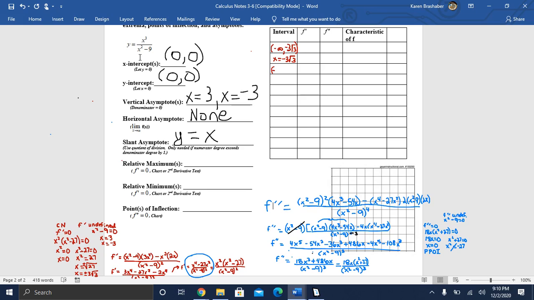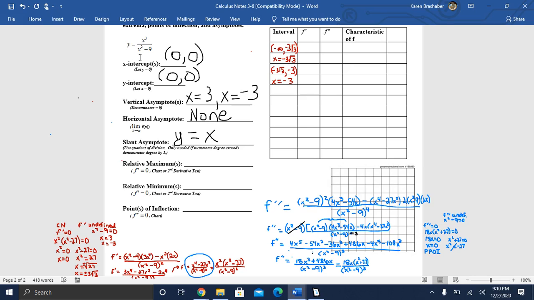Then our next interval will go from -3 square root 3 to -3. And then we'll look and see what's happening at x equals -3.